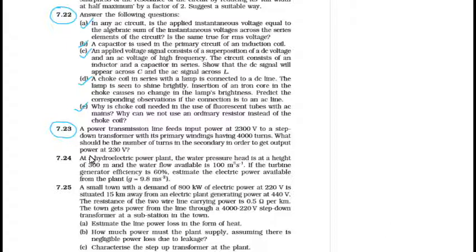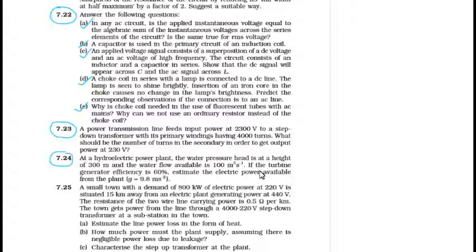The next problem is 7.24. At a hydroelectric power plant, the water pressure head is at the height of 300 meter and the water flow available is 100 meter cube per second.